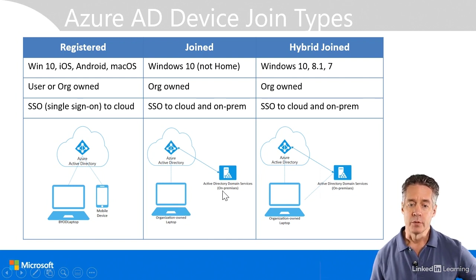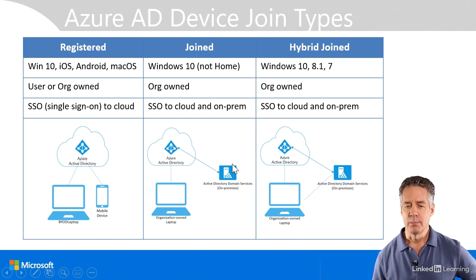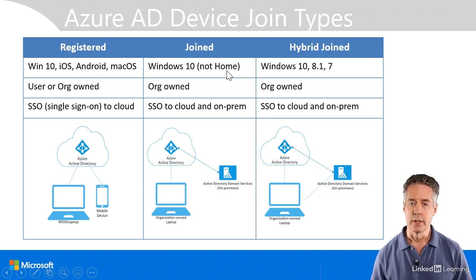Could also happen to on-prem Active Directory, but through Azure AD. So notice there's one line here that goes from the org-owned laptop to Azure AD. So the authentication happens there. Azure AD may communicate with your on-prem Active Directory to finish the authorization or authentication, but that Windows 10 is the only OS that can be joined.